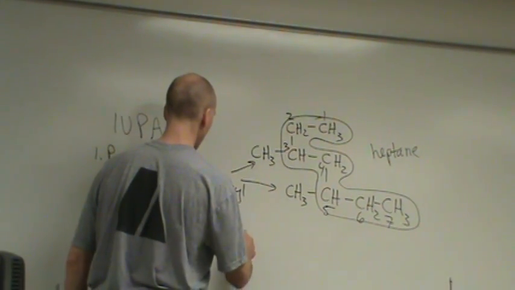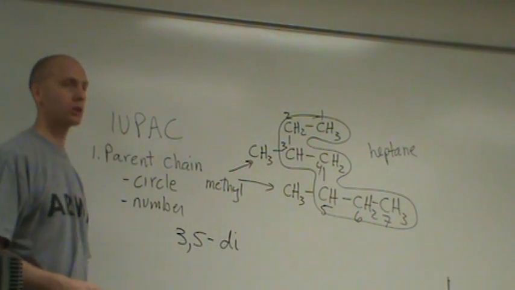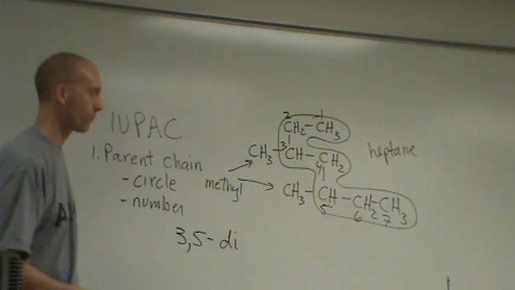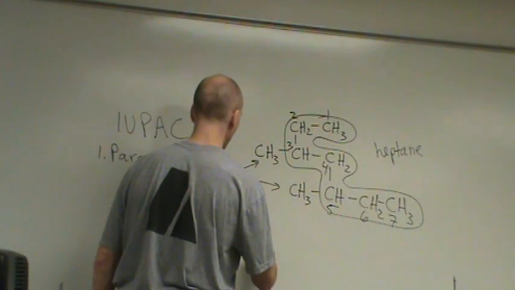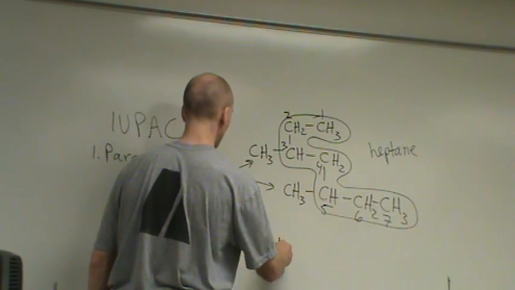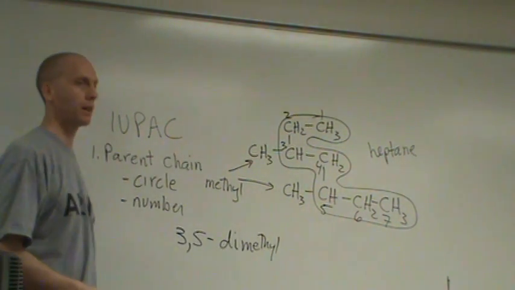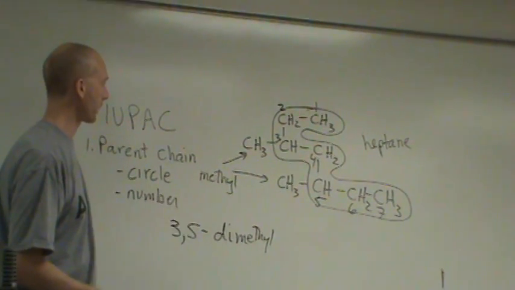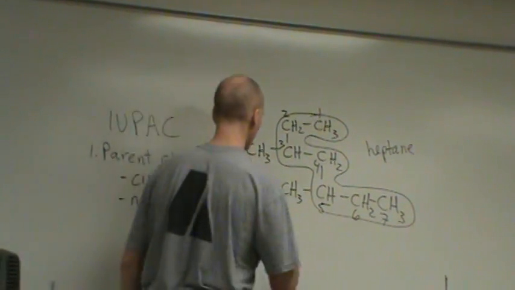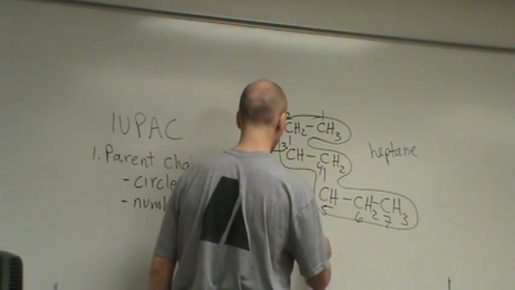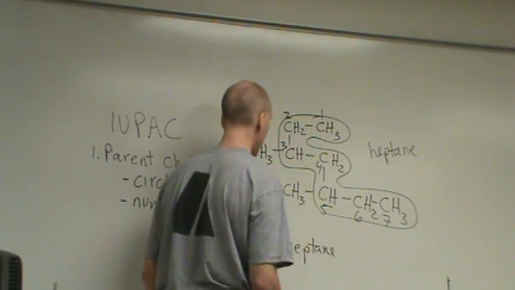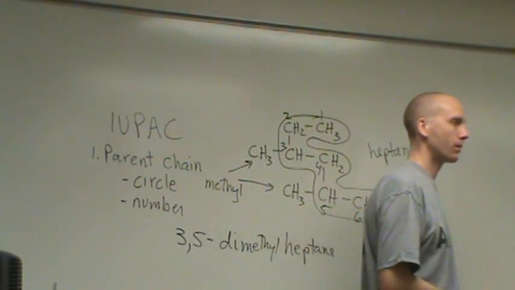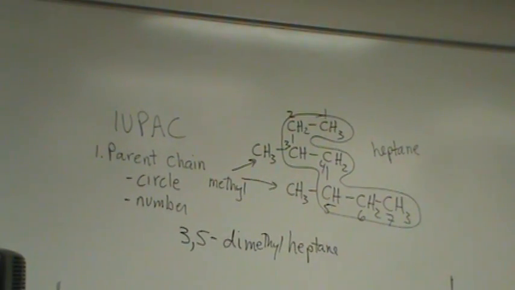So I use a di prefix to tell you that there are 2. So 3,5-dimethyl. And that's all of my branches, so I write my parent chain last, heptane. See how easy that was?